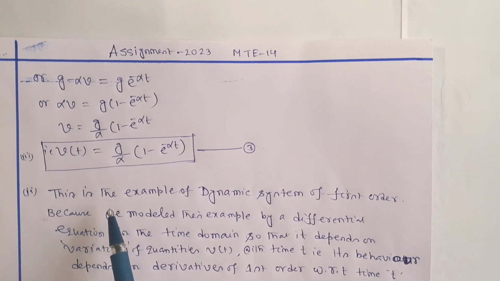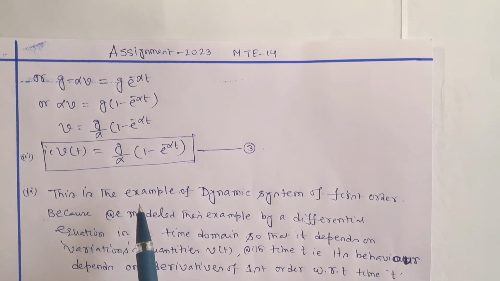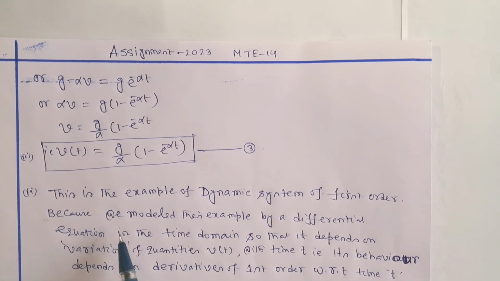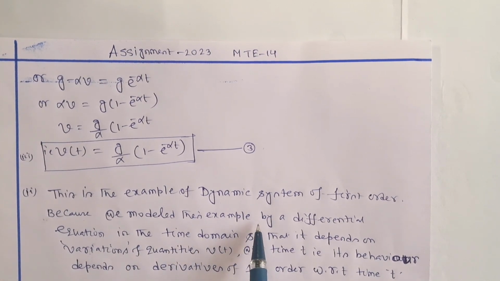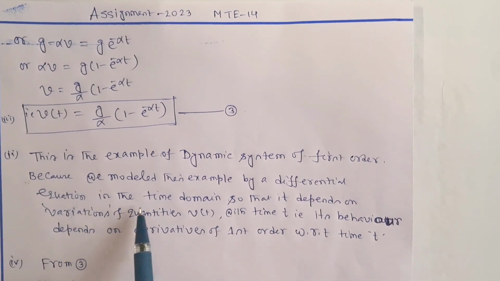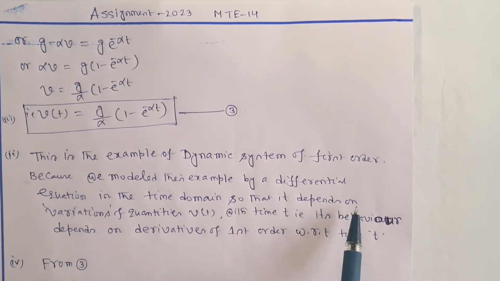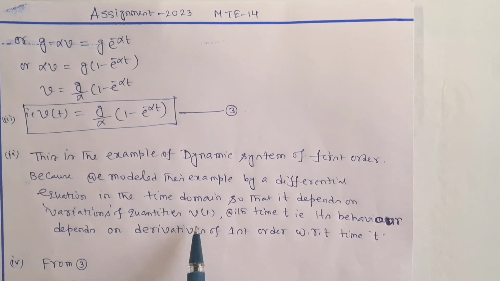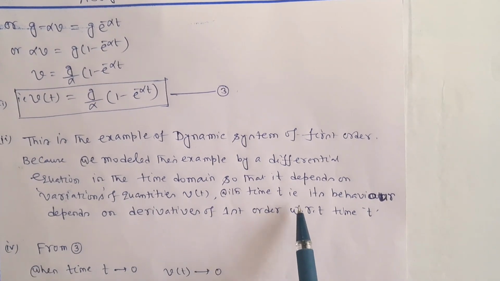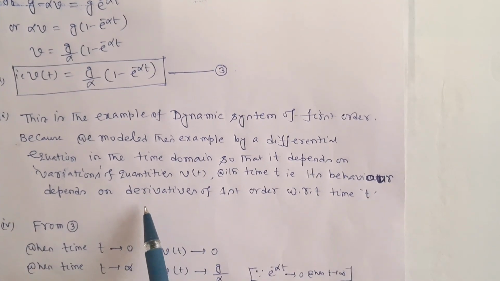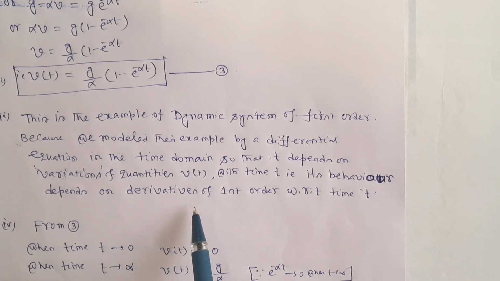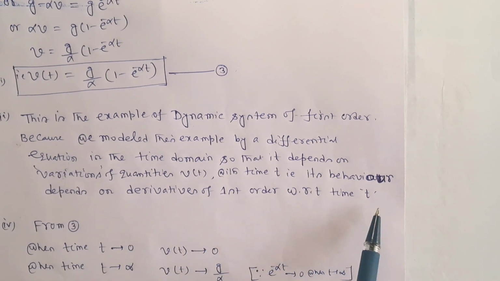Now the second question: is the system static or dynamic? This is an example of a first order dynamic system because we model this example by a differential equation in the time domain, so it depends on variations of the quantity v(t) with time t, that is, its behavior depends on derivatives of first order with respect to time t.